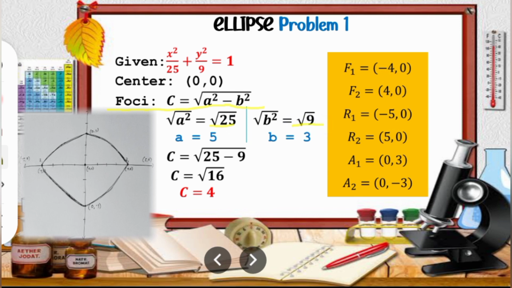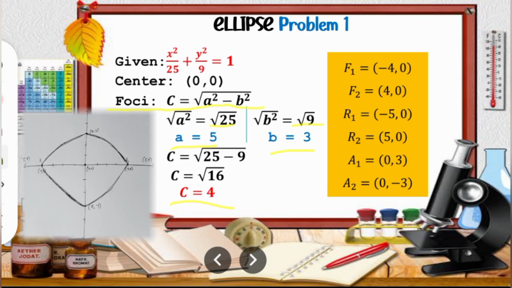The square root of 25 is 5, so our value of a is 5, and the square root of 9 is 3, so b is 3. Then 25 minus 9 is 16, and the square root of 16 is positive 4. So that is our foci.